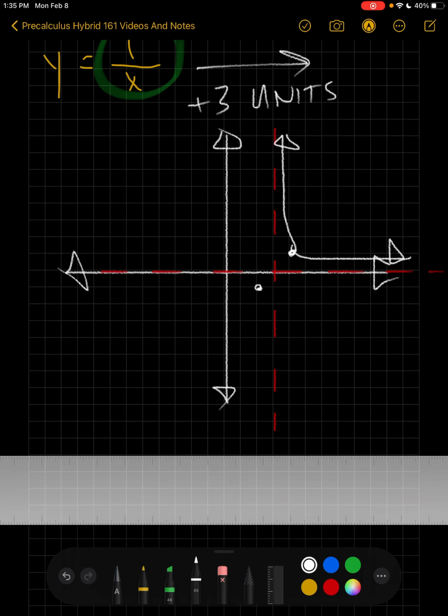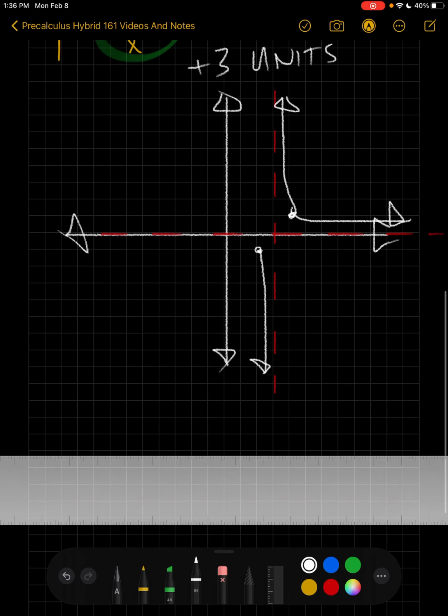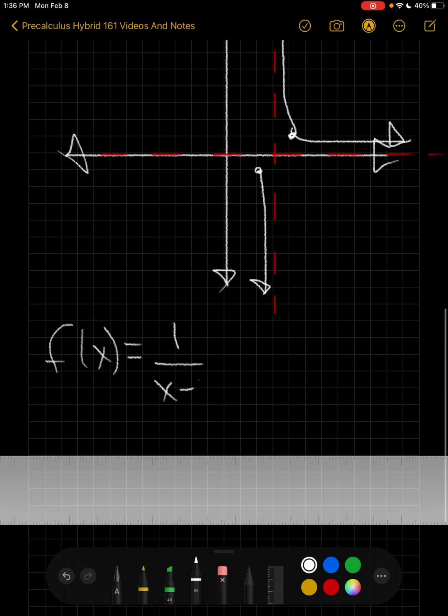This is the vertical asymptote that we get. And then our removable discontinuity, all that happens here is we can actually say our new simplified function, f of x, is equal to 1 over x minus 3.